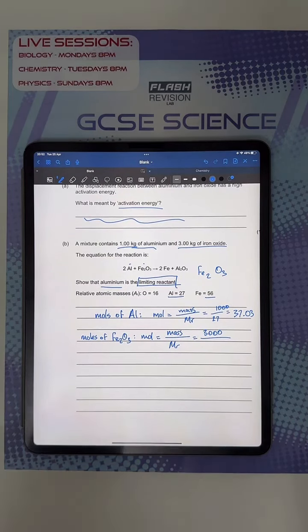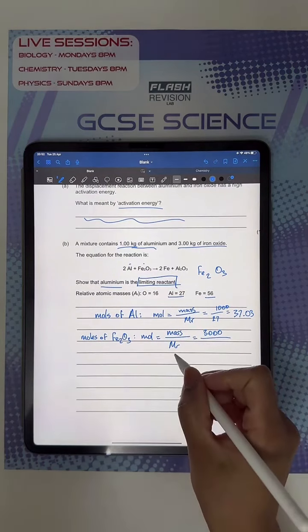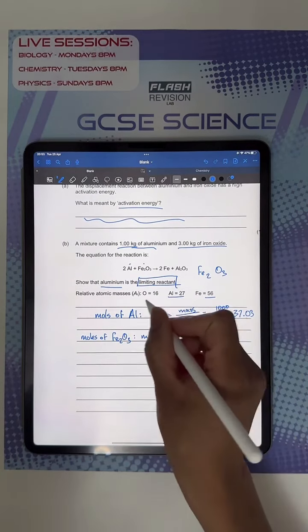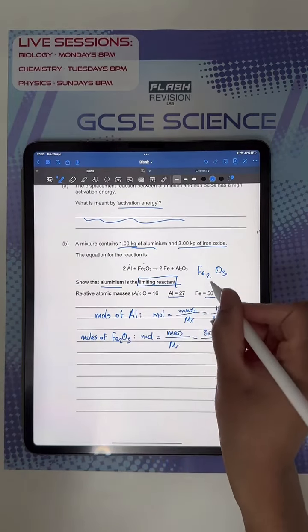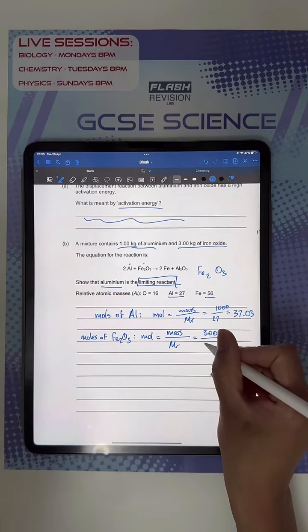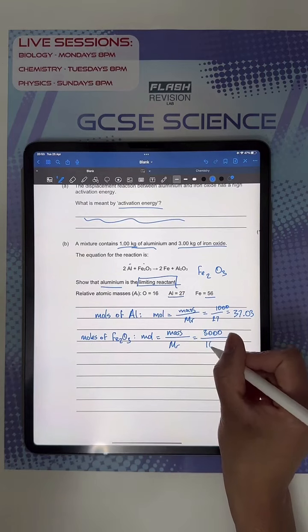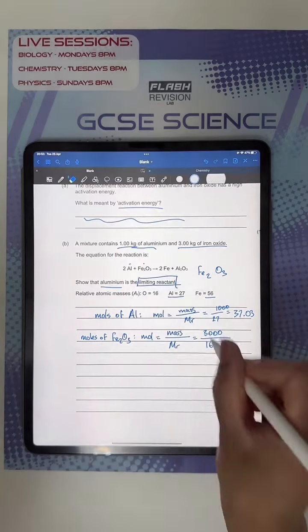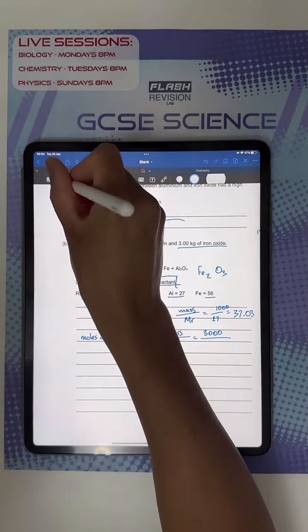116. What is MR? MR, guys, is the molar mass: you add up the relative atomic masses of all the individual elements in that compound. So what was it? 160, guys. I'll tell you what you need to put in your calculator just in case you got it wrong.